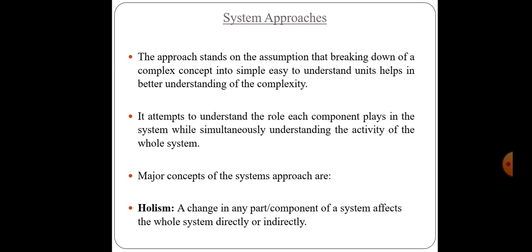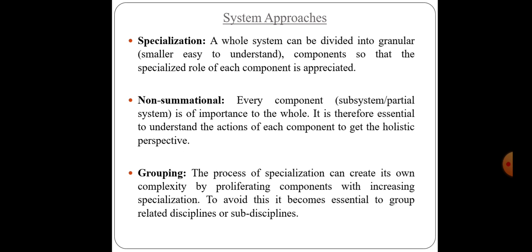So major components of the systems approach are holism, that means a change in any part or component of a system affects the whole system either directly or indirectly. Then comes specialization.